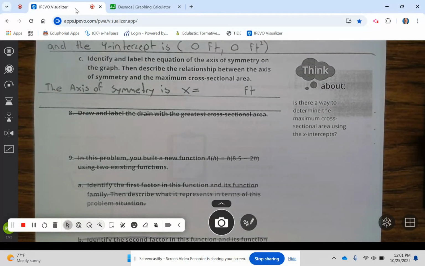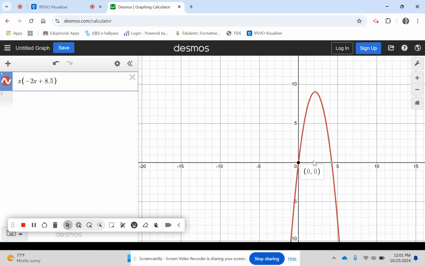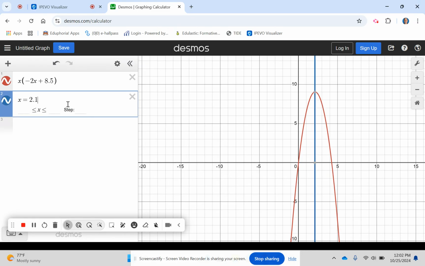C, identify and label the equation of the axis of symmetry on the graph. Then describe the relationship between the axis of symmetry and the maximum cross-sectional area. So the relationship is we find the maximum, that's our vertex, and our axis of symmetry is x equals, in this case we have to use the exact number, 2.125.